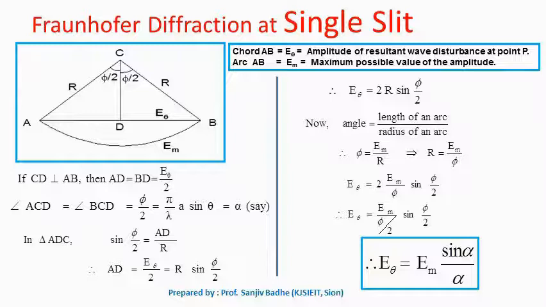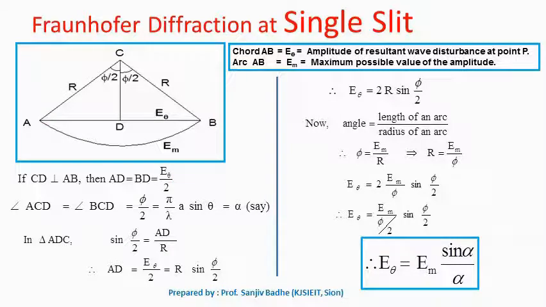In this diagram we can see CD is perpendicular to AB, therefore we can write AD equal to BD equal to E theta by 2, because this angle is 90 degrees, this angle is 90 degrees, this is phi by 2, phi by 2, this is R, this is R. So three conditions are satisfied. All sides and all angles of these two triangles are the same, so we can write AD equal to BD, which is equal to E theta by 2.